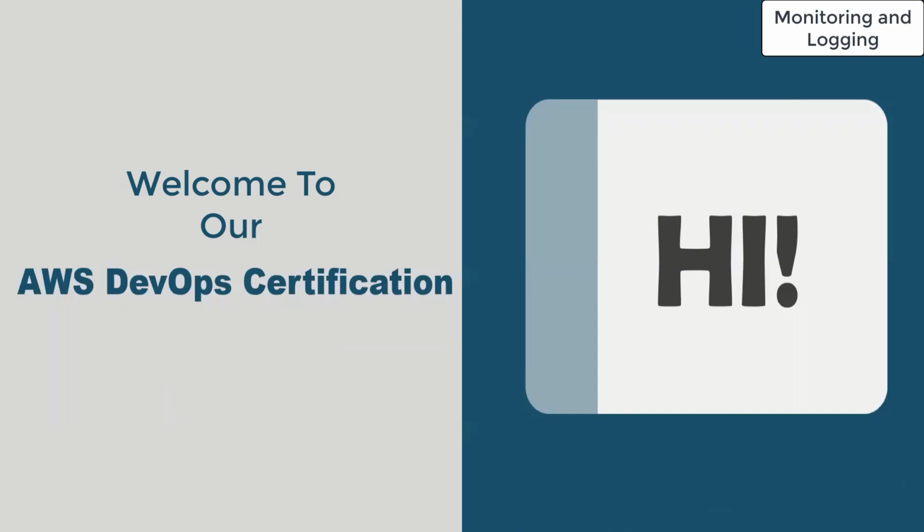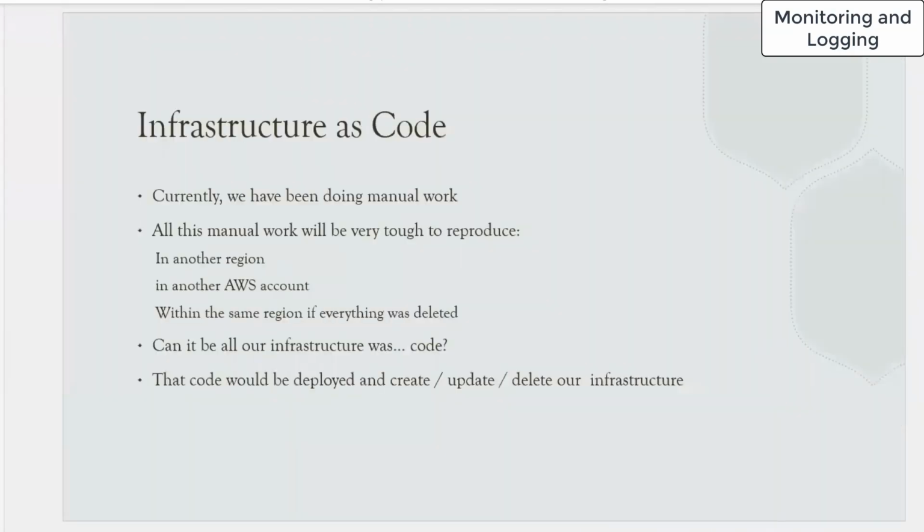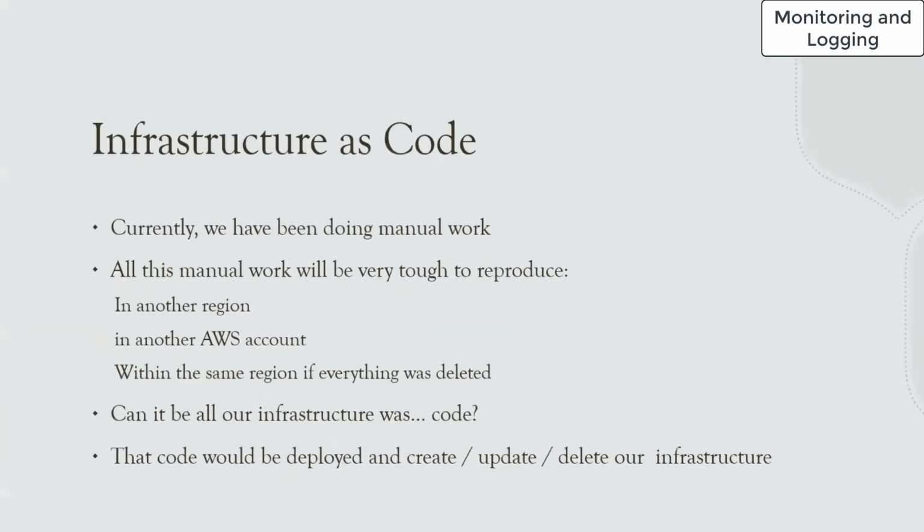As part of our learning journey, till now we have implemented the SDLC, and in the last session we saw one of the best features of AWS, that is deploying infrastructure as code.